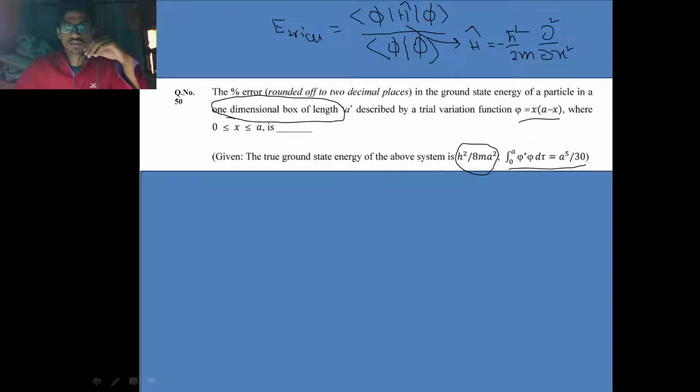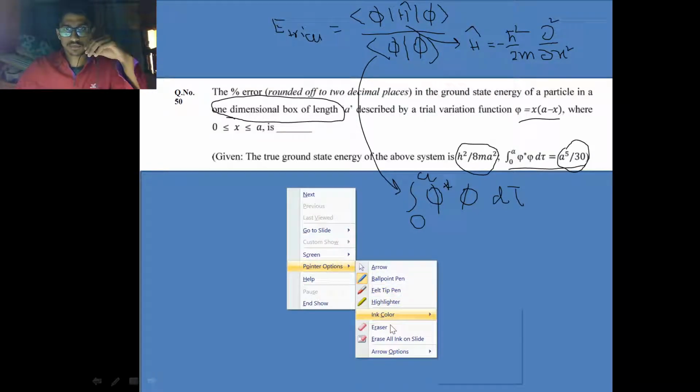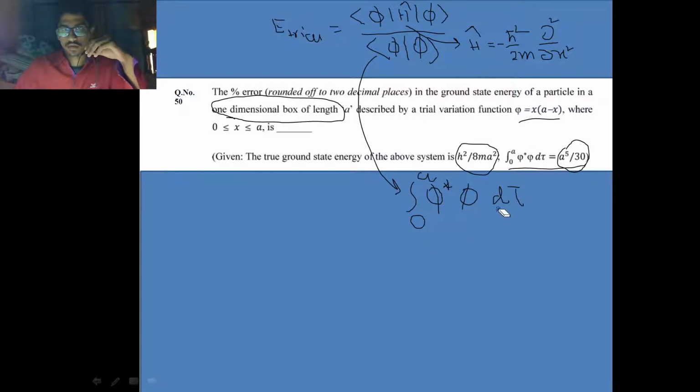Now our task is to solve. The denominator part we can write as the integral of phi star phi d tau. Here x lies between 0 to a, so the limit is 0 to a. The normalization value is given here, so this is not our business for now, and we can erase this.